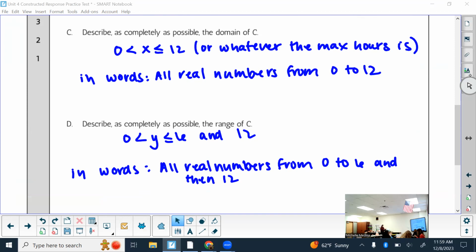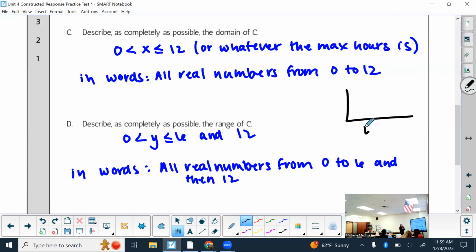And if you look at the two things being compared, or the graph again, hours was on the x and cost was on the y. So we had to see what's a reasonable hour that someone could have left their dog at the dog sitter. Okay, so my smallest x from my graph was 0.